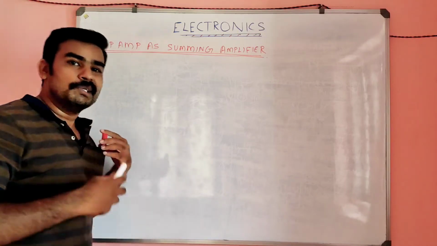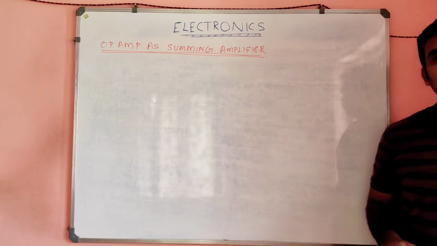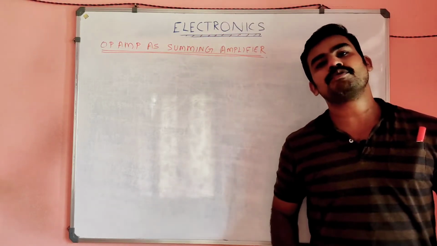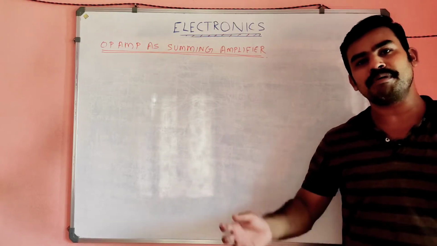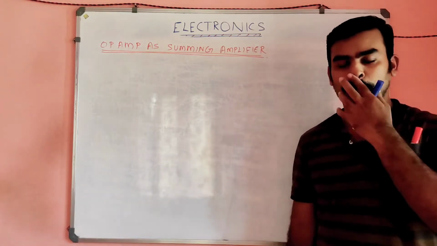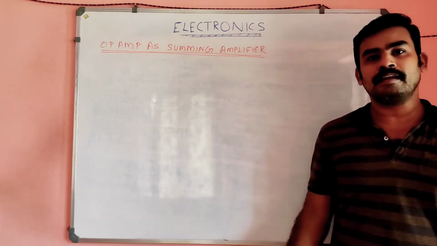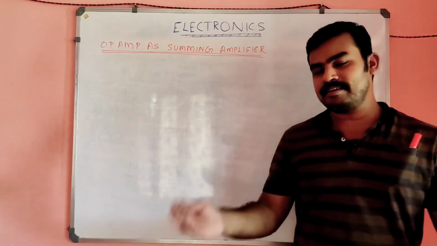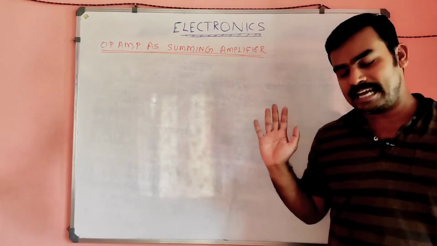Here also, what is meant by summing amplifier, my dears? It has to sum the inputs as well as amplify the total sum. That is the meaning of summing amplification. Suppose we are applying so many inputs V1, V2, V3, up to Vn. There is a limit actually. So theoretically V1, V2, V3 should be added and amplified as the output.